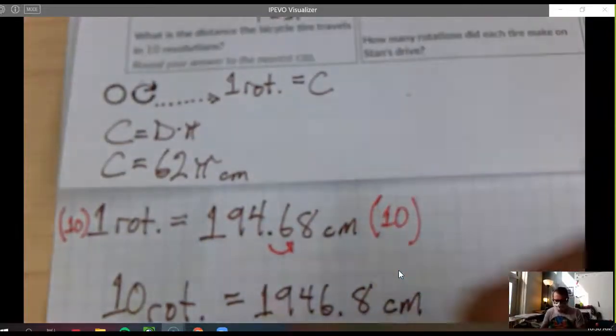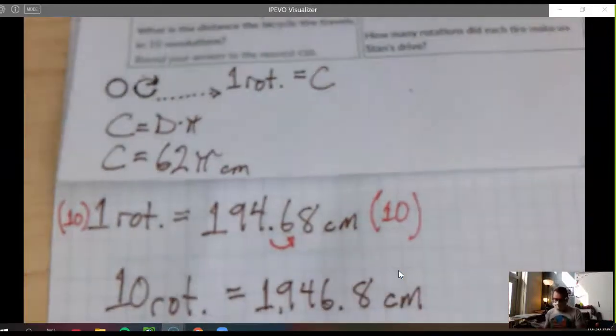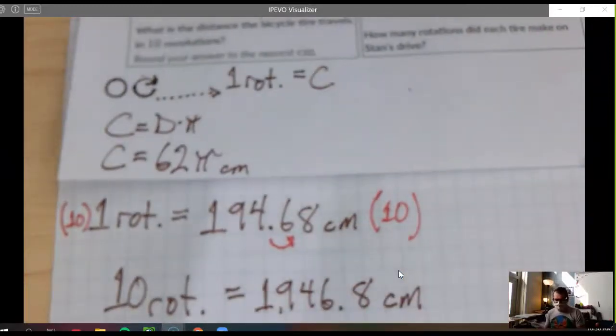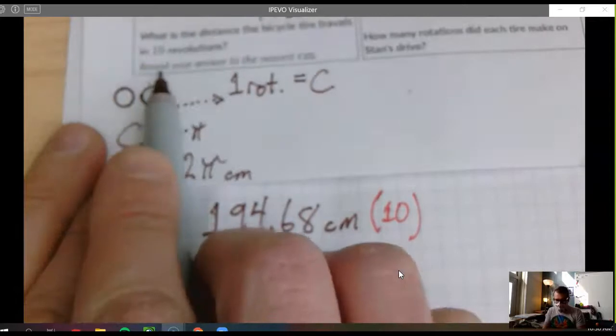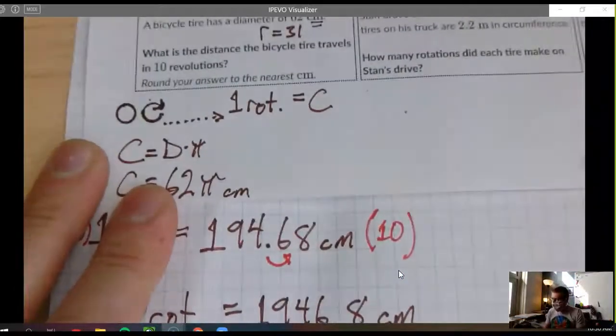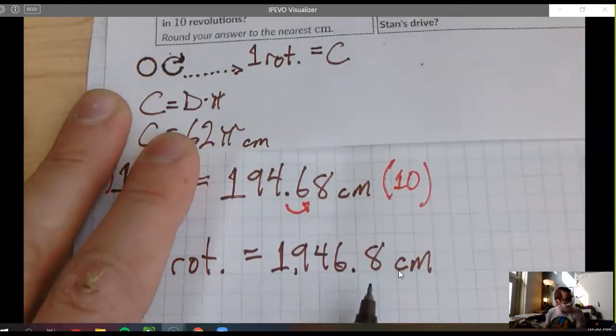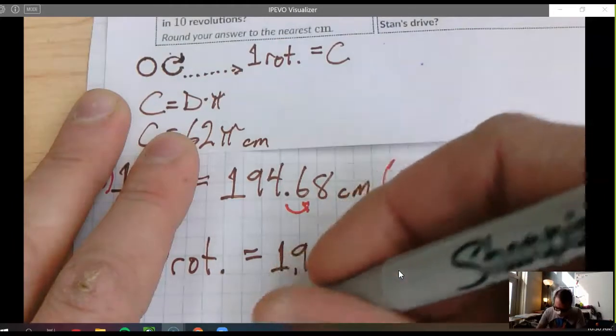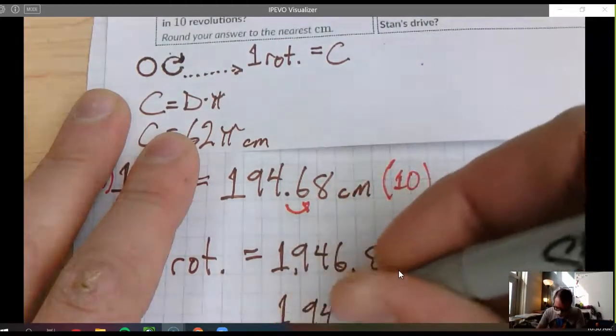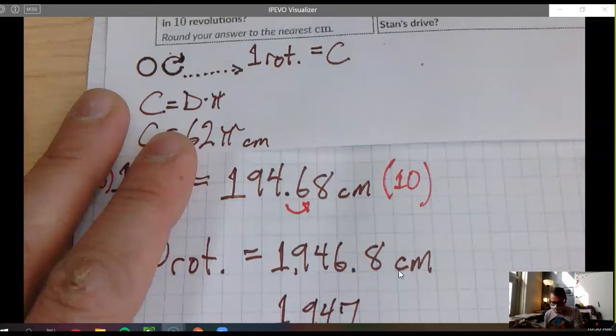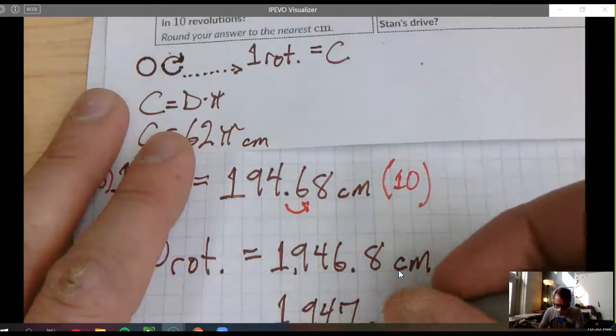So 1,946.8. Round to the nearest centimeter. All right, that'll round up. 1947 centimeters.